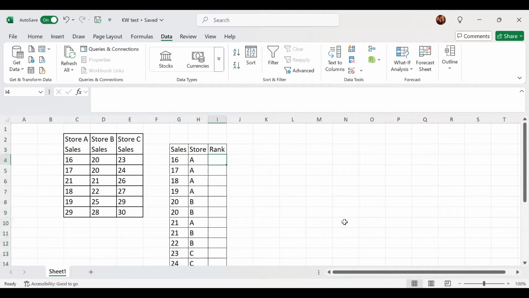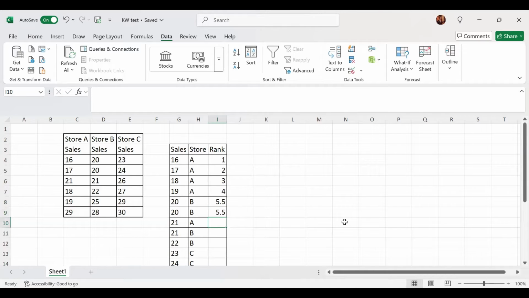So we will be assigning rank 1, 17 rank 2, 18 rank 3, 19 rank 4. 20 is repeating twice, which means the 5th and 6th ranks are shared by these 2, which means I will allocate 5 plus 6 divided by 2, which is nothing but 5.5. So that will be 5.5. Again 5.5.